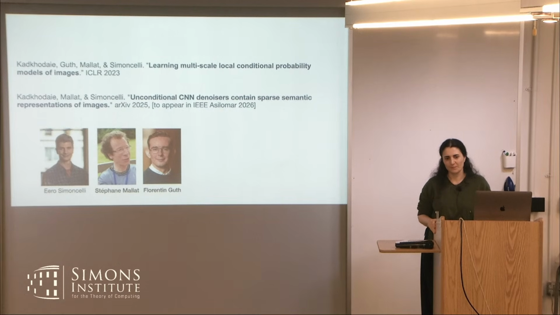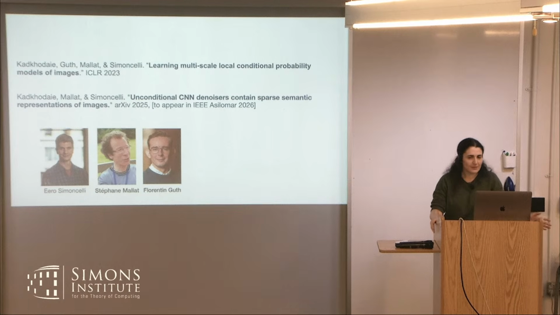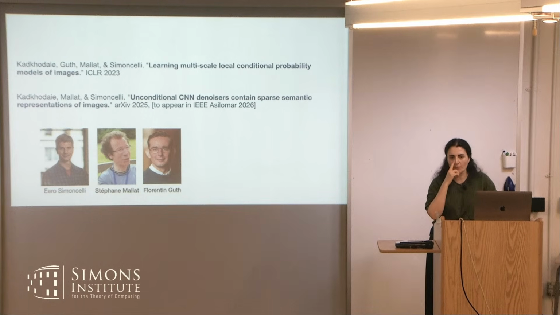Whether this intuition about different levels and hierarchy of feature extraction extends also to transformer diffusion? Yeah, that's a very good question. I think some aspects of it do, right? People have observed locality in transformers.